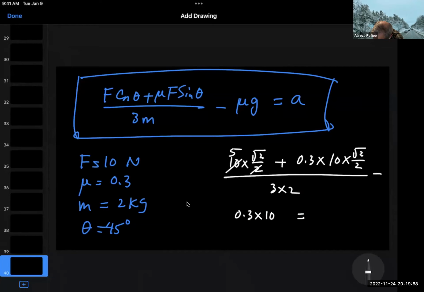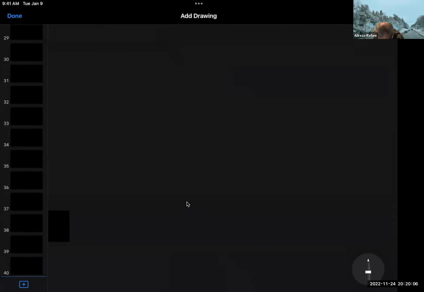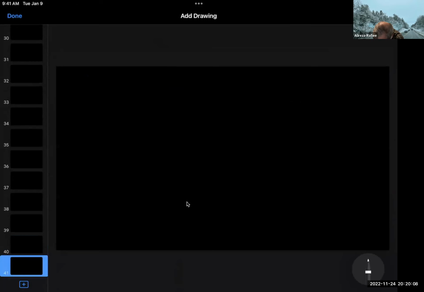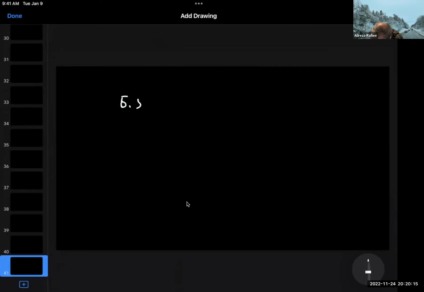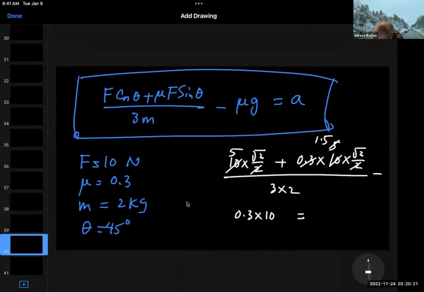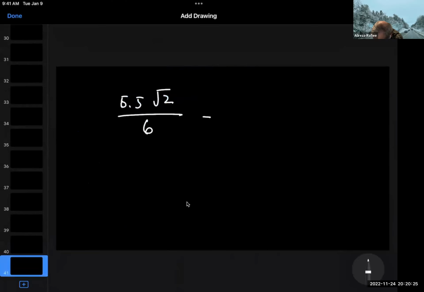That's 5, that's 5, that's 5 times this is 1.5. So I will end up with 5 plus 1.5, that's 6.5 root 2, divided by 6, minus 3. That would be the acceleration.